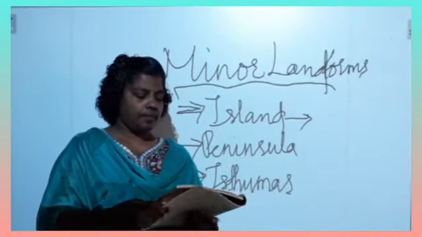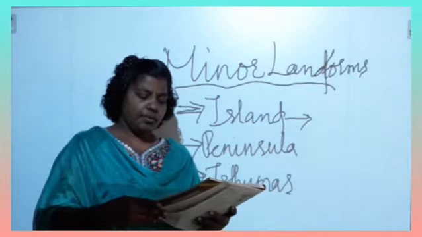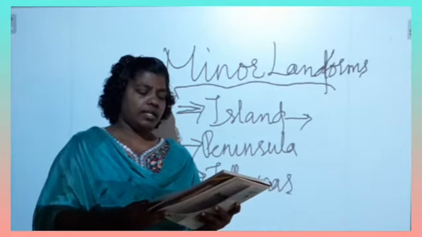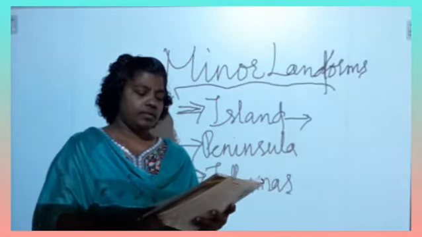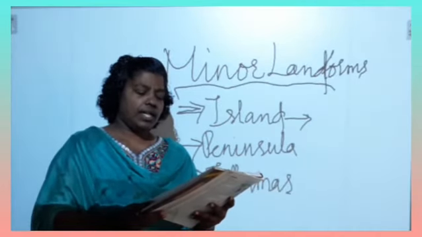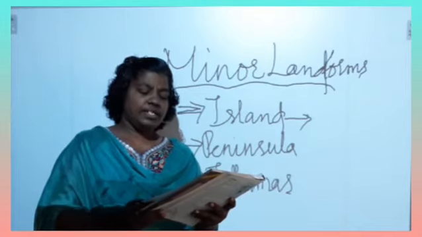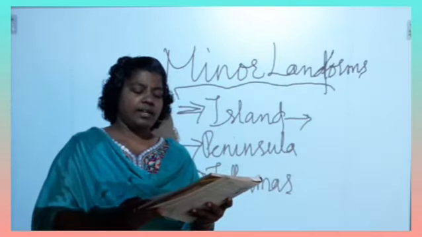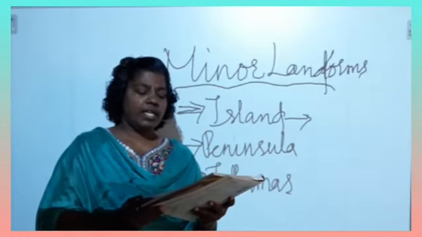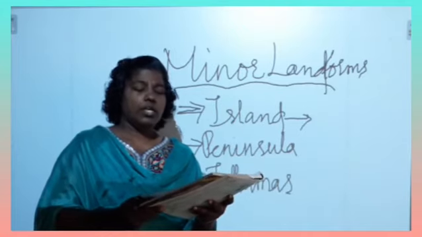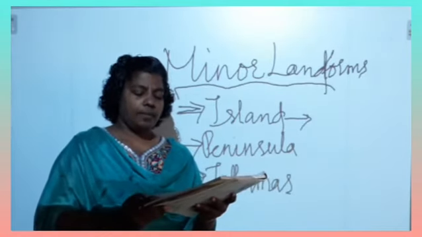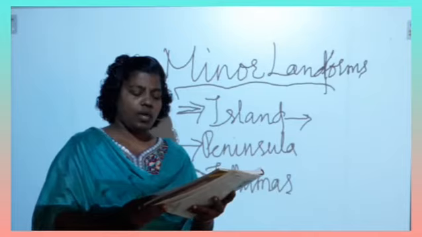Come to page number 29 under the subheading Fold Mountains. From the beginning till the fifth line, generated by movements inside the earth, you can mark for C1.